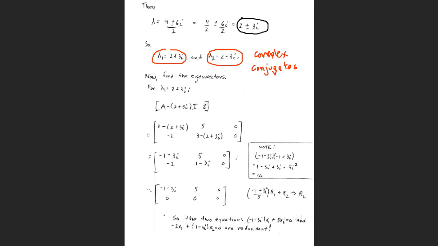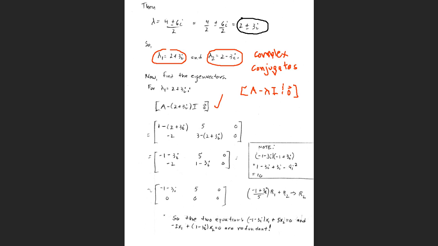Well, now we want to go after the eigenvectors. Again, the eigenvectors come from solving the augmented matrix, this augmented matrix, which I have right here.